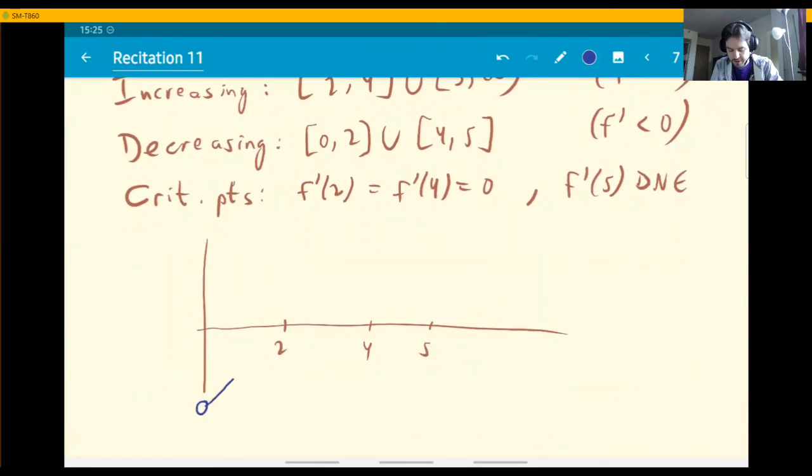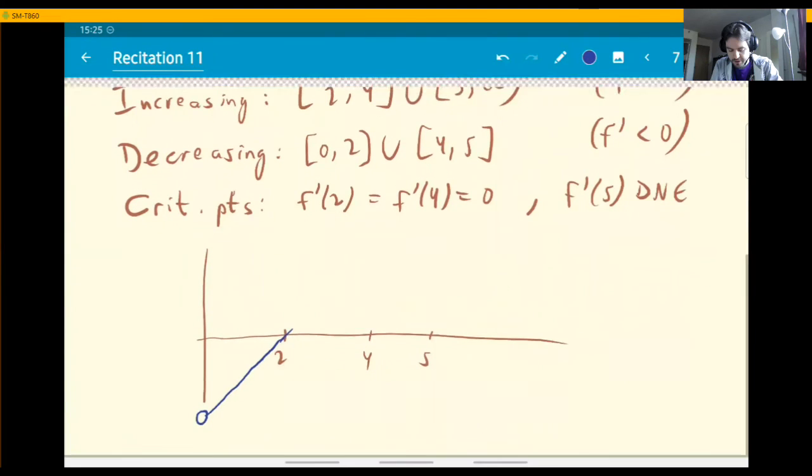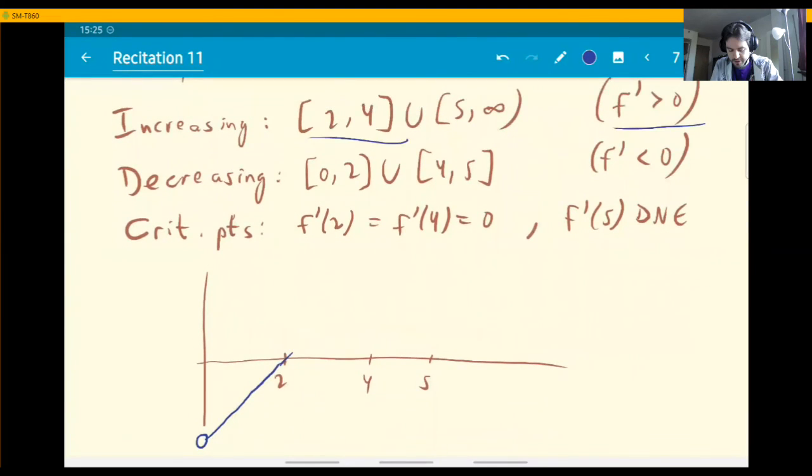So something like this. We don't know if it's actually going to be a straight line or not. That really doesn't matter because we're just sketching the graph. It is 0 at 2, becomes positive between 2 and 4. But then it's going to become 0 at 4 again. So something that is positive between 2 and 4, but then 0 at 4. Now between 4 and 5, it's negative, and then it's not going to exist at the number 5.